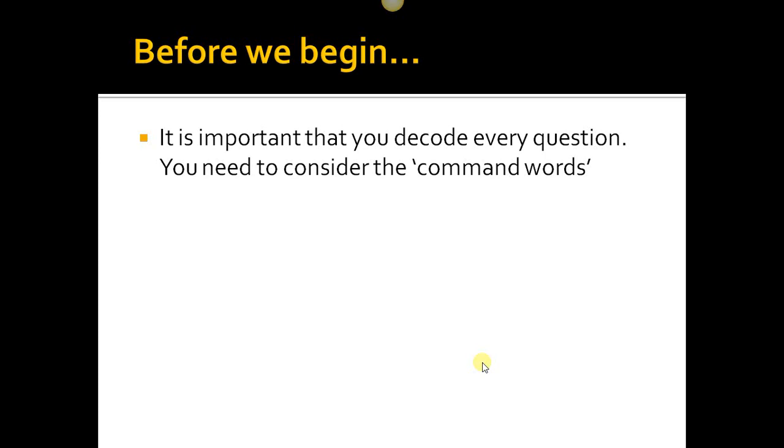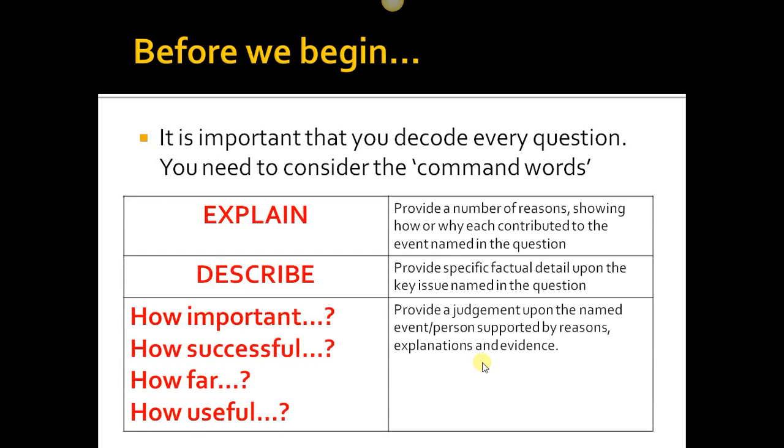But you need to consider the command words, okay, in every question. And you'll see a few of them coming up. Well, they'll all be there. Certainly explain and describe are there. Explain is just to provide a number of reasons showing how or why each contributed to the event named in the question.